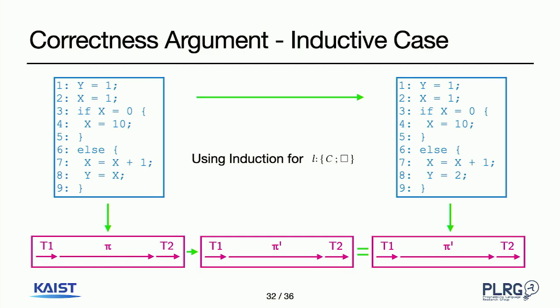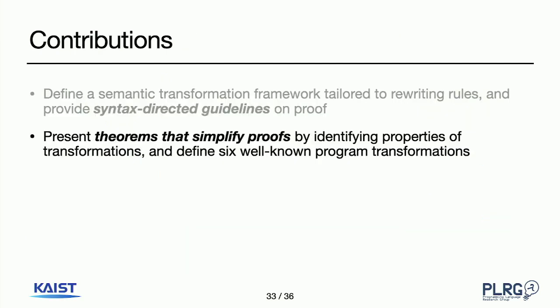In contrast, for the inductive case, we can ignore the inner component of the syntax, and just use the fact that inner components are related by the correctness argument. So we exploit this fact to reduce the burden on users of proving the inductive case. I will show it later.